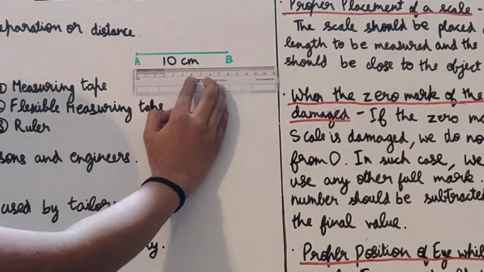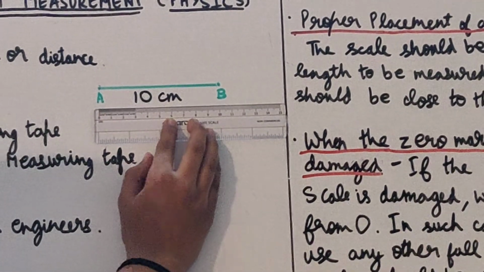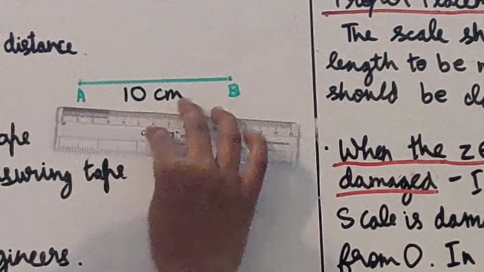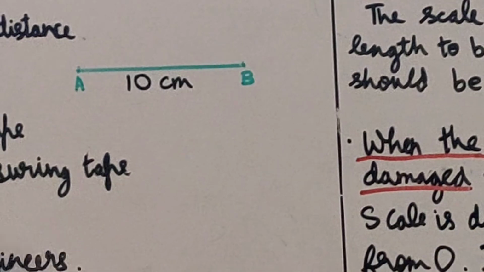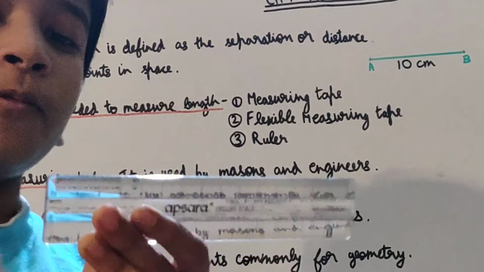So this is a line segment. Now suppose the zero mark of this scale is damaged and I am starting from 1.